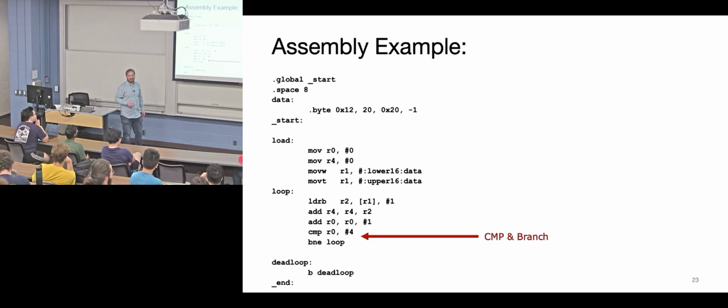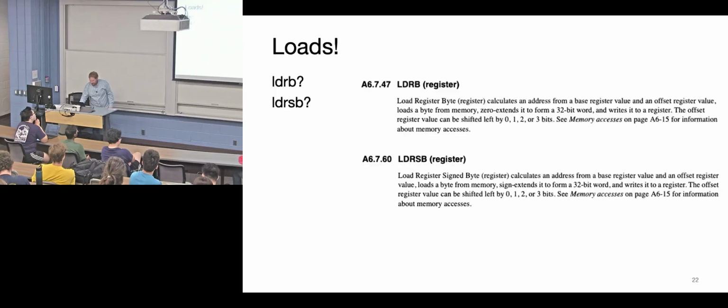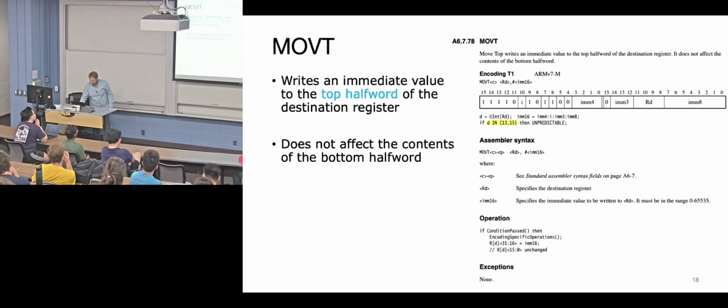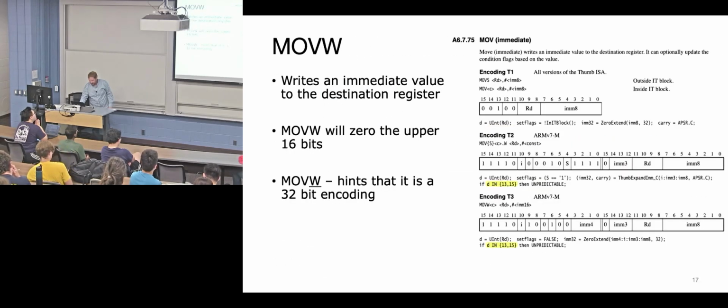Can you explain one more time what the move W and move T commands do for R1? We'll just type that out. Move W moves the upper 16 bits. It's telling you that because it's got the W, it's the hint.